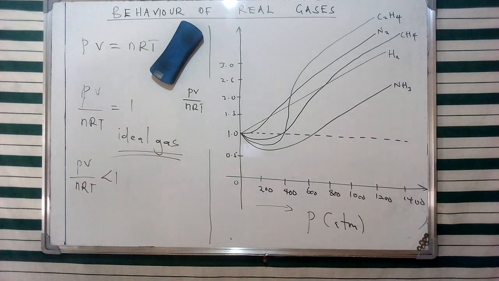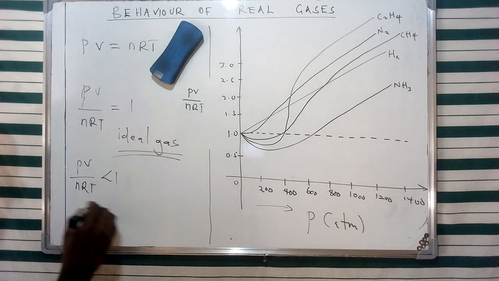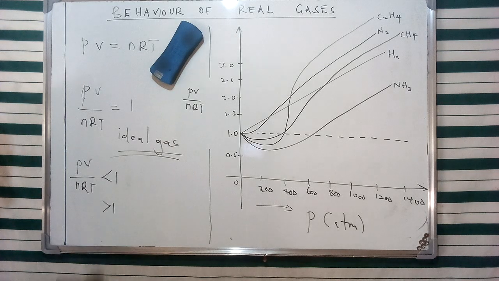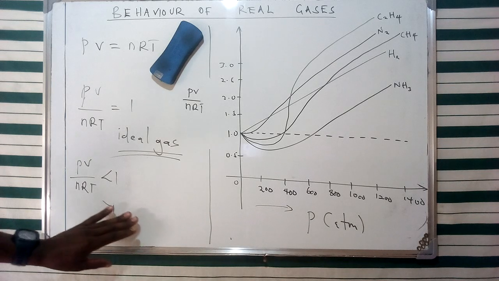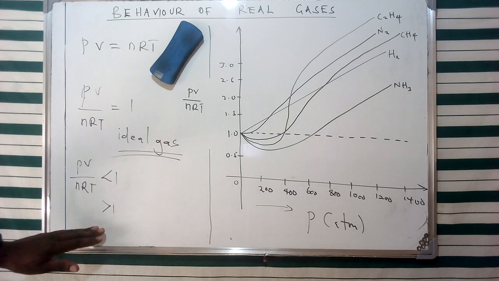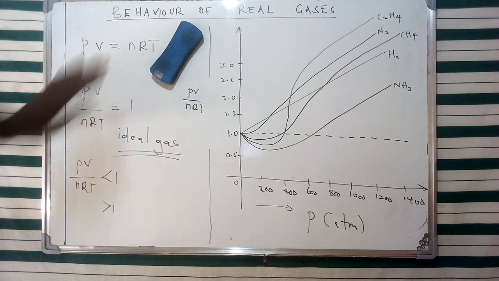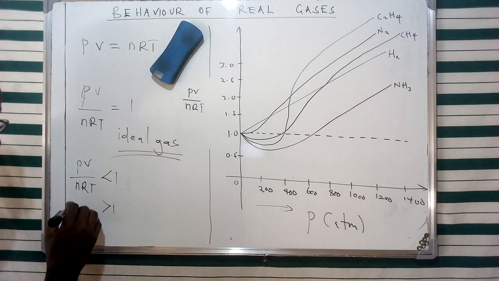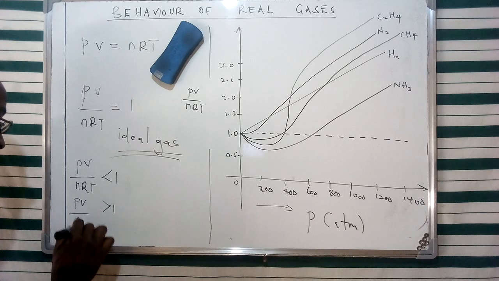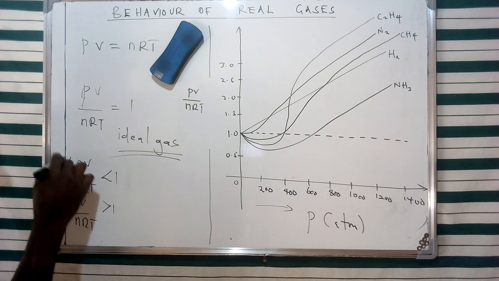And then we can have a situation whereby the compressibility factor of course is greater than 1. And therefore, for this particular case, the volume of the real gases is larger than the volume that is going to be obtained from the value of the ideal gas equation. And we can have this relationship given in terms of PV and RT for these two particular scenarios.